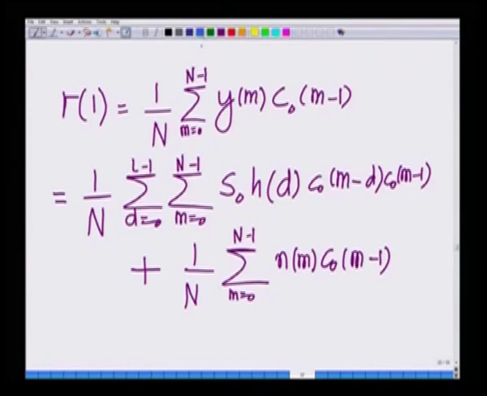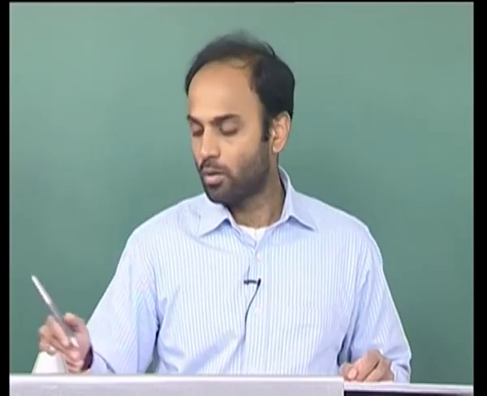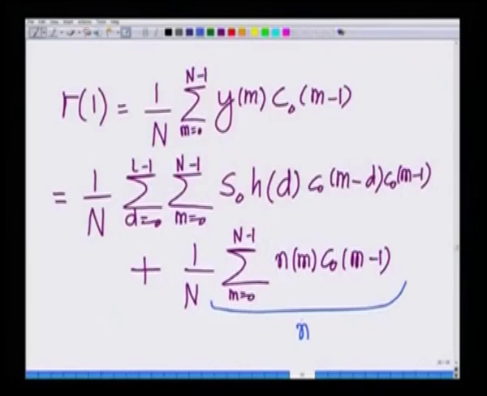Now, look at this: this is again taking some noise and correlating with C0 of m minus 1. If C0 of m is a random code, the shifted code is also a random code, hence this is nothing but again noise. Let me call this n tilde 1, noise of variance sigma n tilde squared equals sigma n squared over n. However, now look at this term.